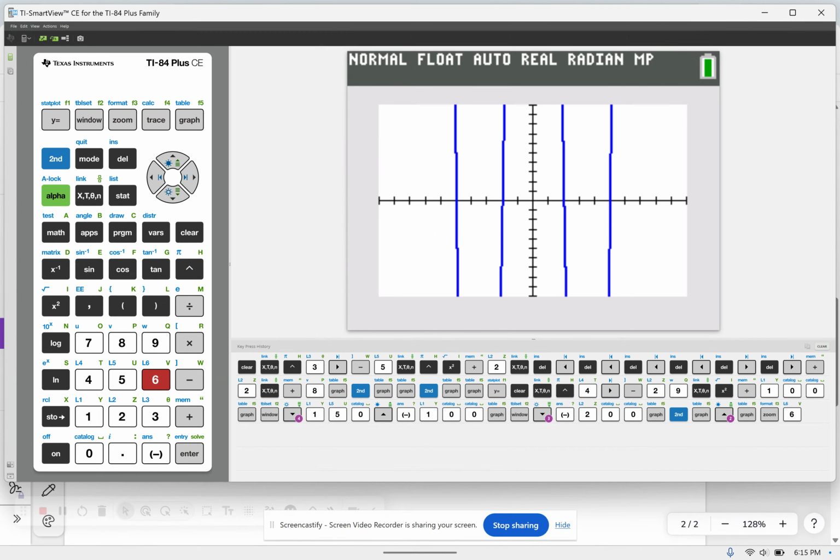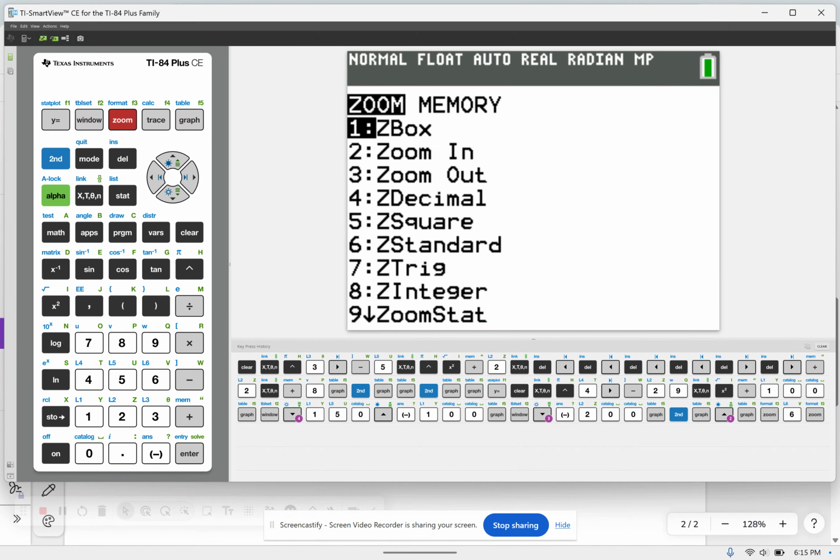Anytime you want to go to the normal window, you just do zoom 6. I would suggest always going back to the normal window after you do a problem, and then you could change it if you need to for the next problem, or maybe you don't need to change it, so who knows.